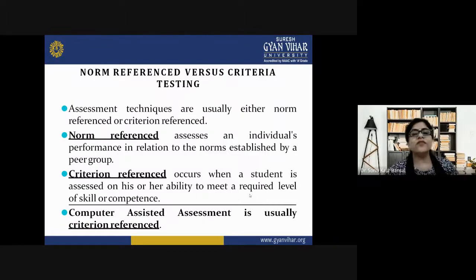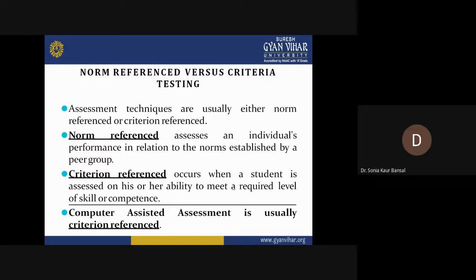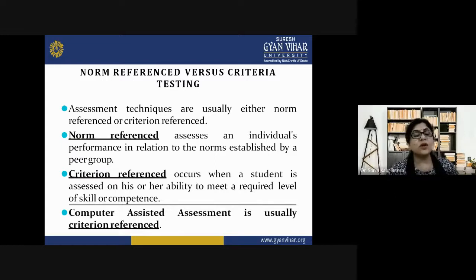Norm reference test versus criterion reference testing, that is also very important. Assessment techniques are usually either norm reference test or criterion reference test. So understand the basic difference in that. Norm reference test assesses an individual's performance in relation to a standard established by a peer group.